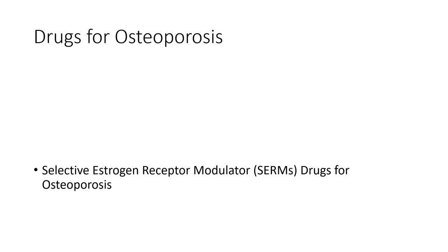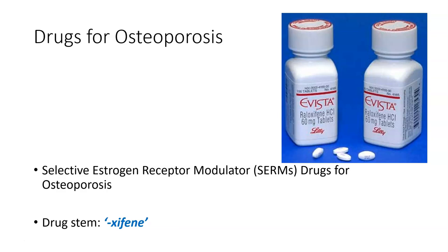They decrease the bone resorption and the loss of bone mass, and they help increase bone mass and mineral density. These drugs end in oxifene, and this is raloxifene. I like oxifene. The book put just the exifen, but I like the oxifene myself. Plus it rolls a little easier off your tongue. Raloxifene is known by the brand name Evista.